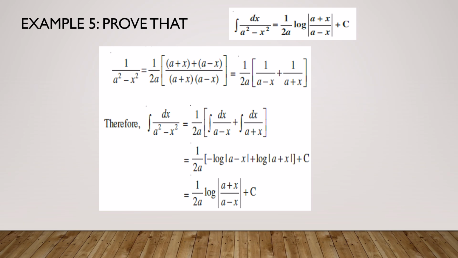So first term is integral of dx upon a minus x, which is log of a minus x, and since it is minus x, you have to multiply by minus 1. Second term is 1 upon a plus x. So that integral is log of a plus x. So finally it is 1 upon 2a log of a plus x upon a minus x plus c. This is by the property of log. You know that log of x by y is log x minus log y.